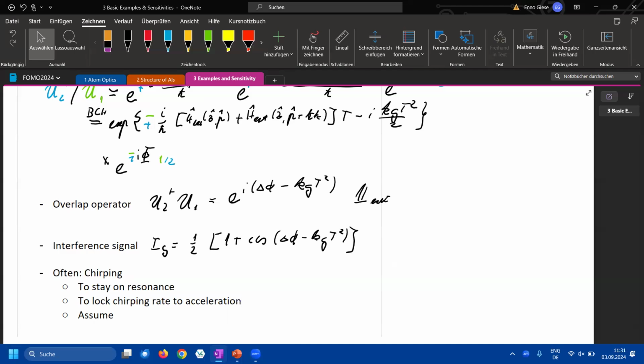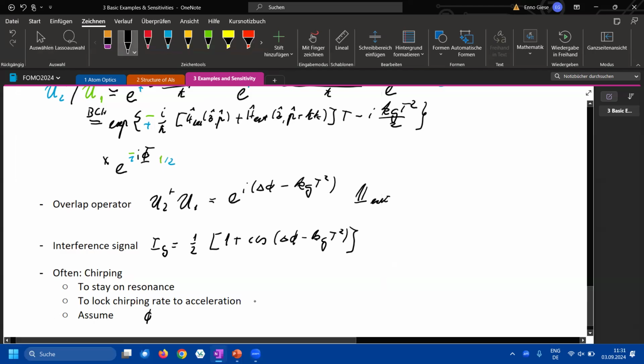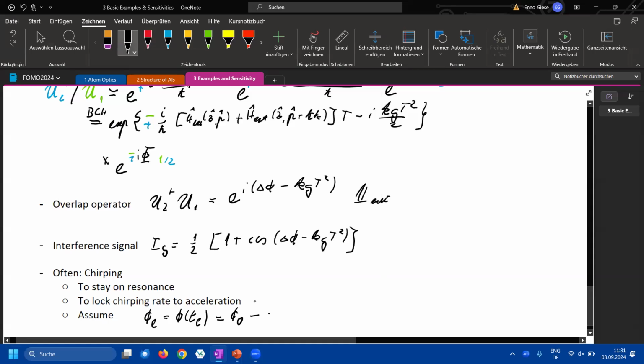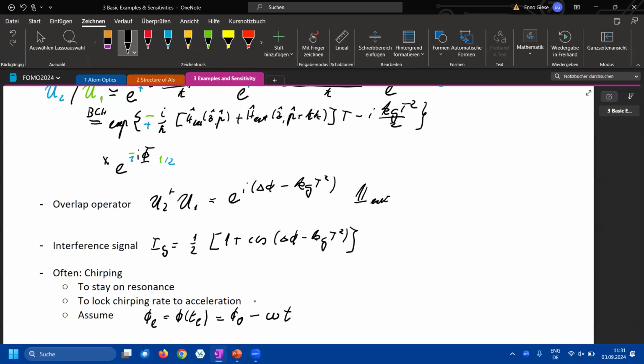Let's now write down that the phase phi L of pulse L is just phi at time T_L, which is some phi offset, phi 0, minus omega times T_L, plus K times alpha times T_L squared over 2.